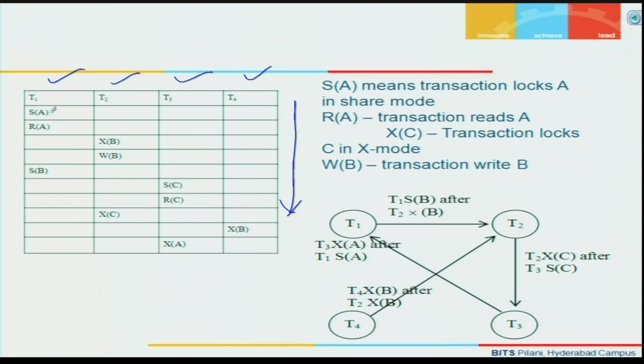SA means T1 acquires a shared mode lock on data item A, RA means T1 reads data item A, WB means T2 writes data item B, and XB means T2 acquires a lock on data item B in exclusive mode. Now under this situation, first we will see how to develop this wait-for graph. To develop a wait-for graph, it is better to understand which transaction is waiting on what transaction for a resource.